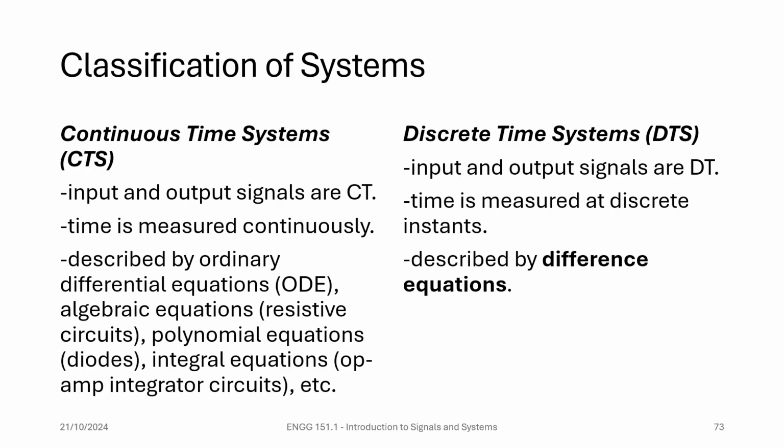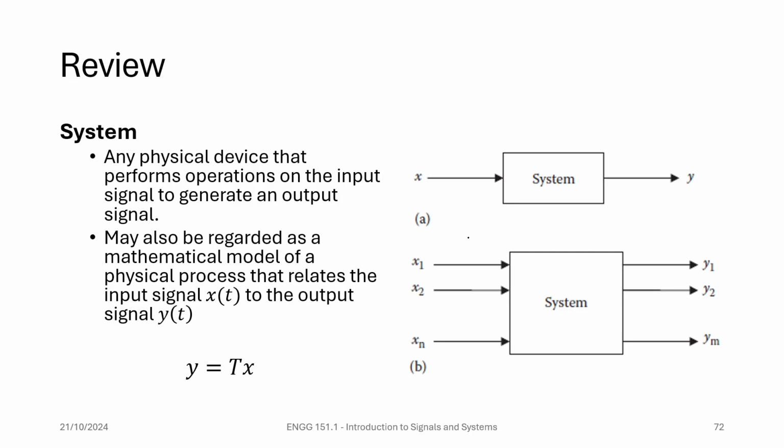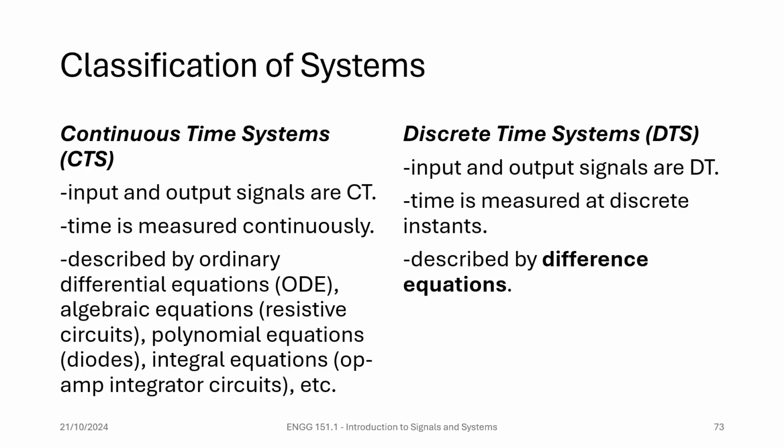So this is a multiple in, multiple out system, or a MIMO system. When there are two or more inputs and outputs, that's a MIMO system. Now, let's go to the classification of systems.